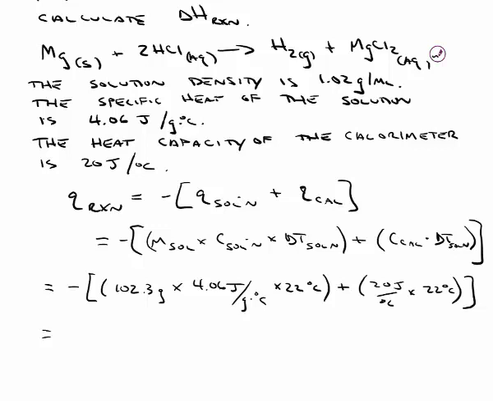Plugging that into the calculator, for the left-hand side, I got 102.3 times 4.06 times 22. I get 9,137. And that's going to be joules because the grams and degrees C are all going to cancel. Plus 20 times 22, which is 440.